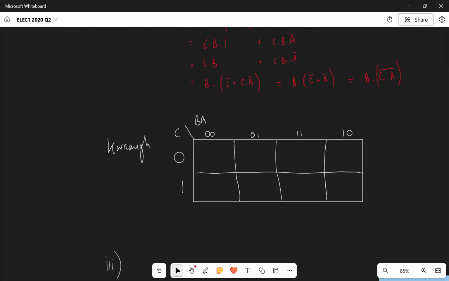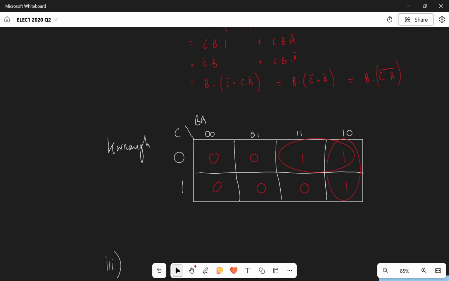Now, if you fill out the Karnaugh map, hopefully you'll end up with these 3 areas being high and everything else being low. As we did in the previous question, you've then got to recognize the groups. We've got a 2 here, and we've got a 2 here.